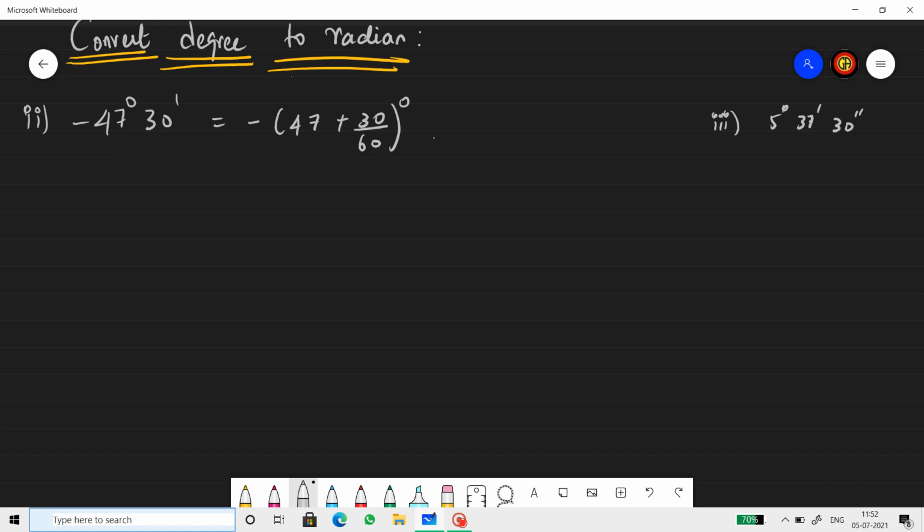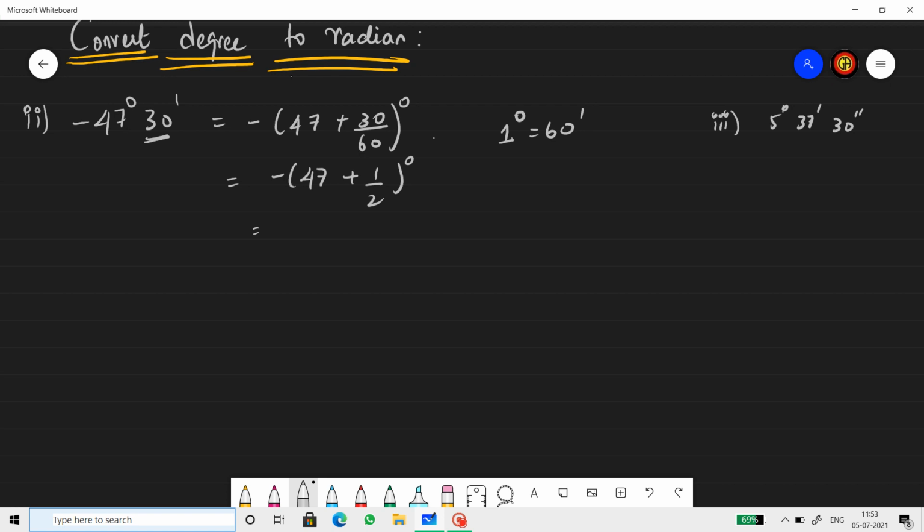Hope you understood that, because 1 degree equals 60 minutes. So 30 minutes is equal to 30 by 60 degree. Alright, so this is minus 47 plus 1 by 2 degree, right?